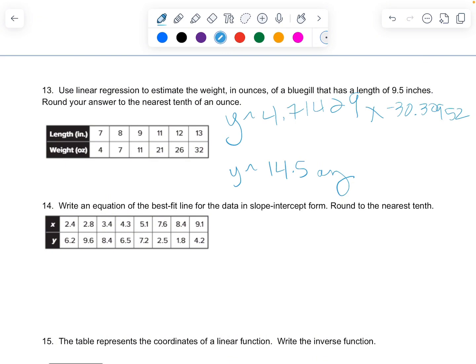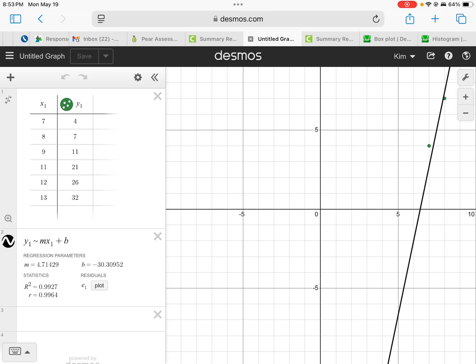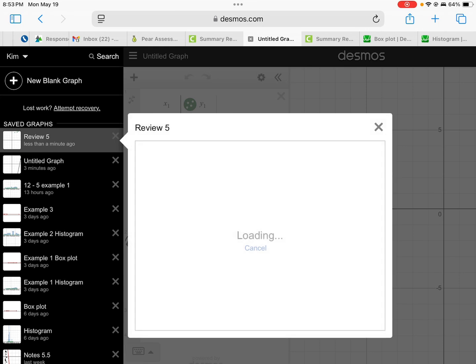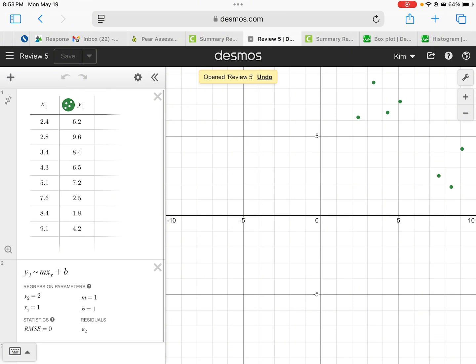What is this graph called? Let's call this graph review 5. There we go. So now we can come back to this right here and hit review 5 and open that up. Well, that was weird. Okay. Hold on.